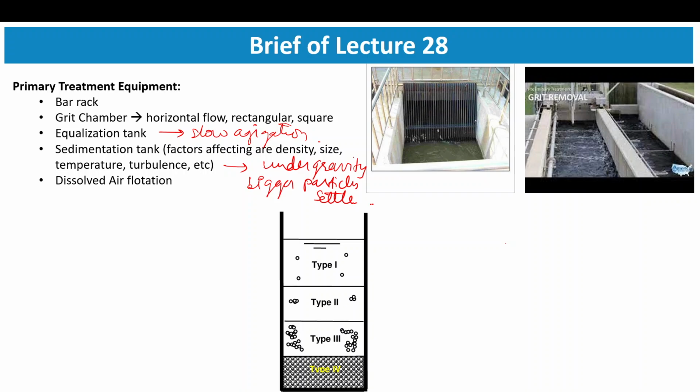A common example: if sand or dust is mixed in water and you give it some time, the dust will settle, right? That is because of gravity; the particles settle because of their density difference.